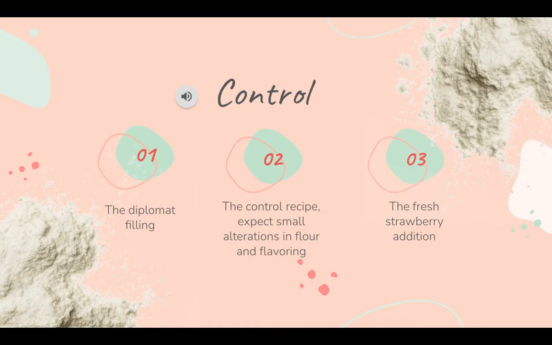The second would be the choux dough recipe, which was kept the same besides small alterations, which included flavoring the dough or adjusting what type of flour we used, but all the measurements remained the same. And lastly, we talked about the fresh strawberry addition at the bottom of our final product. We wanted to keep that the same throughout the whole process so that there was strawberry flavor in every product.